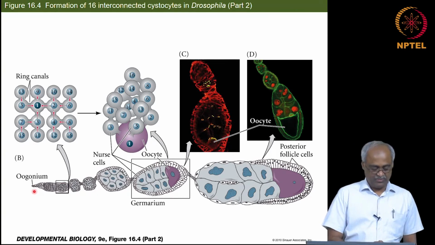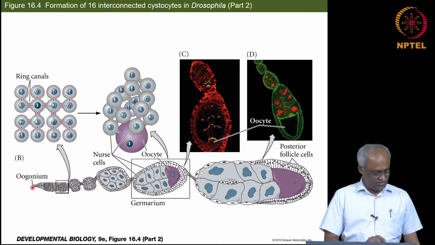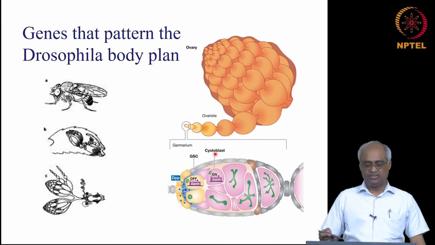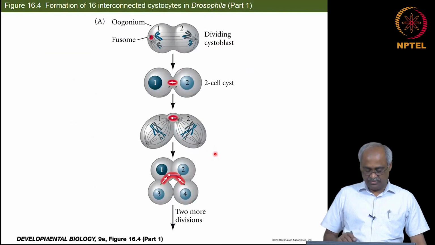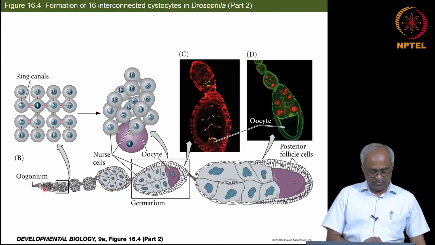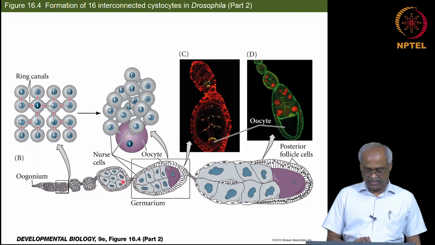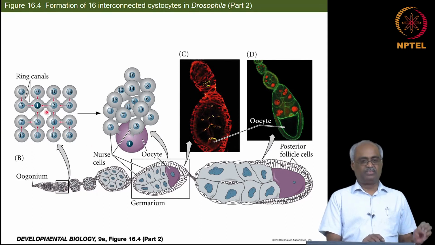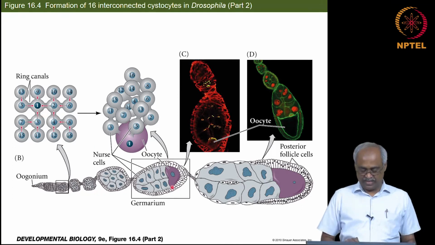So, now you see if we go back to the germarium, this oogonium is nothing but this cell, that's when this divided into 2, the one that is going to come, the cystoblast, is also called the oogonium. So that one, as it comes, the cell divisions happen and it becomes bigger and bigger, and then finally the oocyte is the one selected out of the 16, and that now you are going to show in a different color.